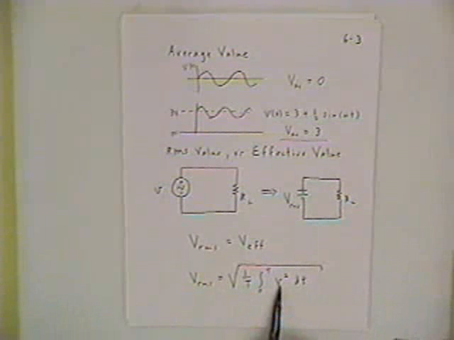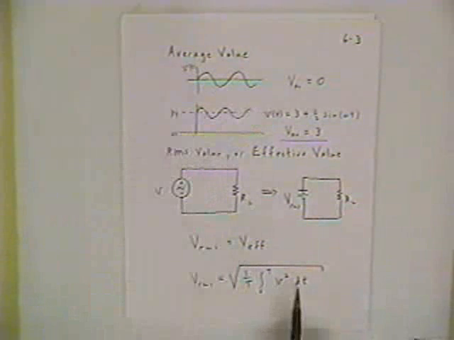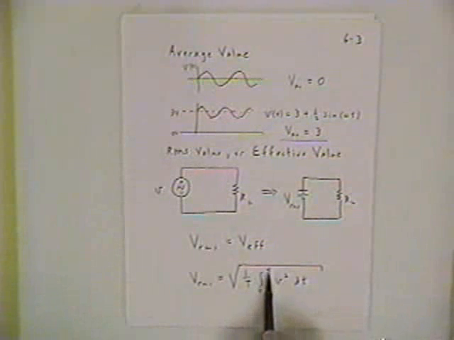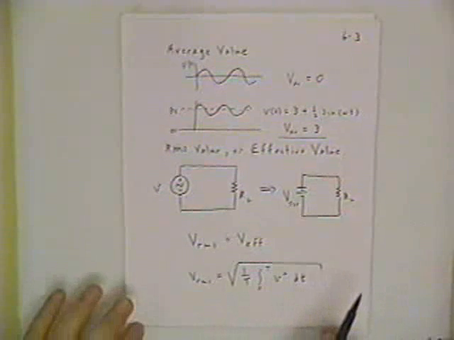What you would do is take your sinusoidal waveform, so this V of t, for instance, take this voltage, square it, integrate over one cycle, divide that result by T, and then take the square root of all of that. And you can see dimensionally it works out. This has units of seconds, dt has units of seconds, so the seconds cancel out. You've got the square root of volts squared.